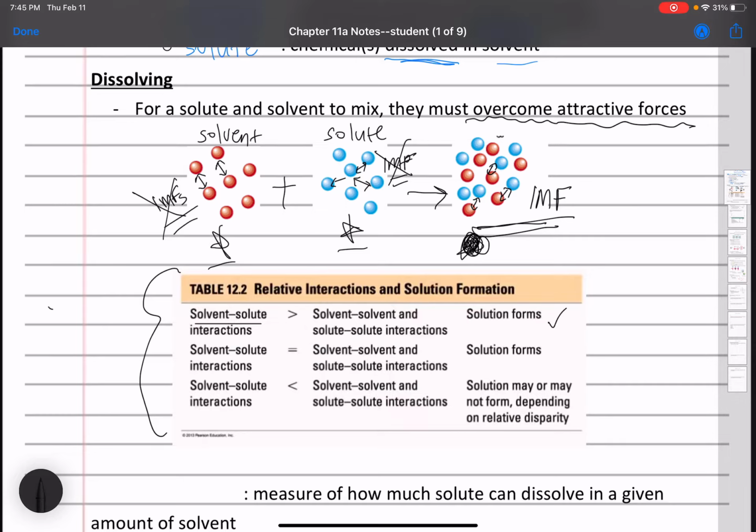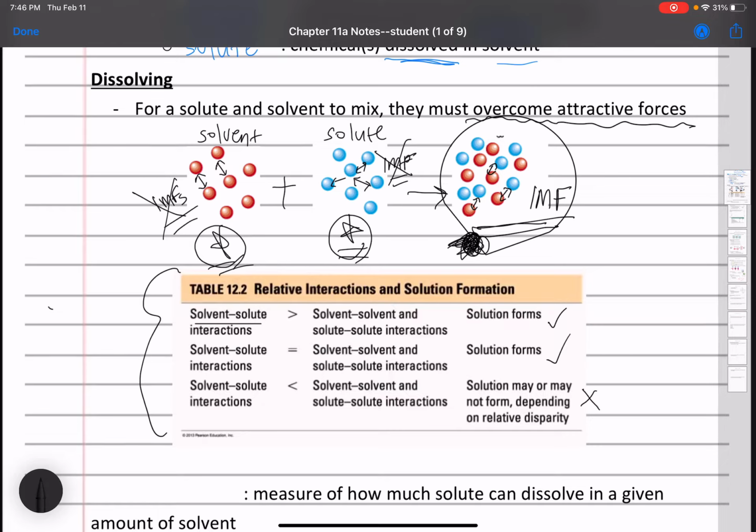If the solvent-solute interactions are equal to the interactions between the solvent and solute individually, usually a solution will form in that case too. But if the interactions between the two different substances are weaker than the interactions that each substance has within itself, then a solution oftentimes will not form.